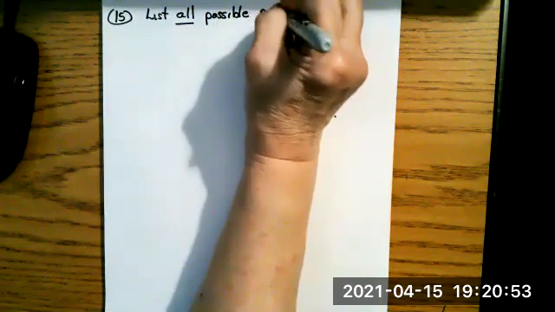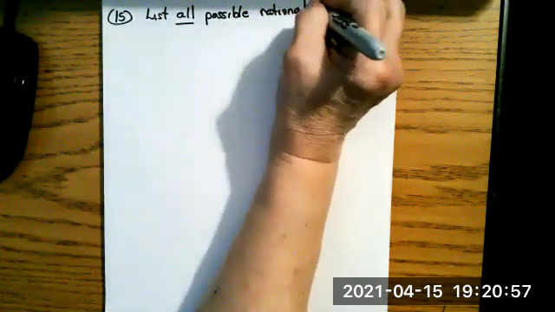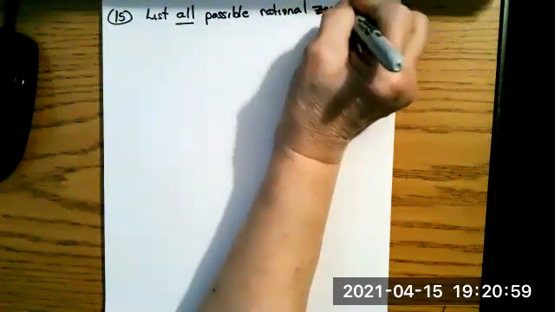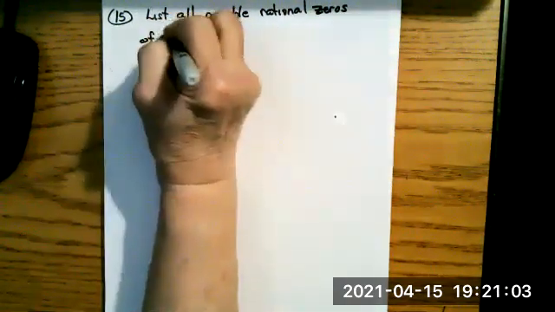Okay. Let's do number 15. Number 15 says list all possible rational zeros. Sorry, this is the rational root theorem of the function.